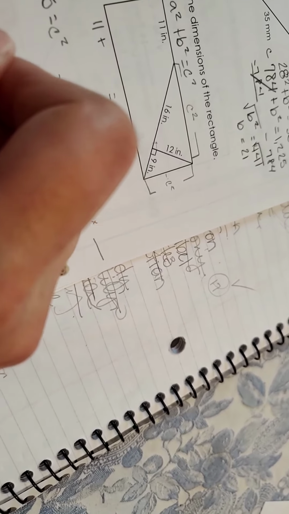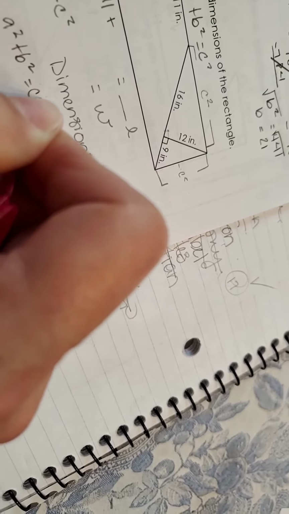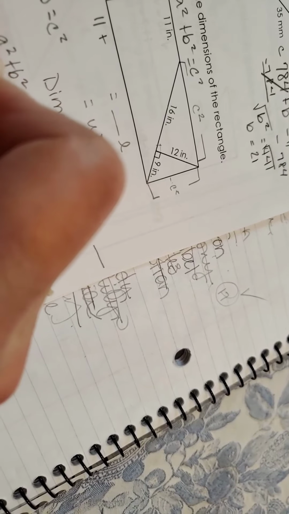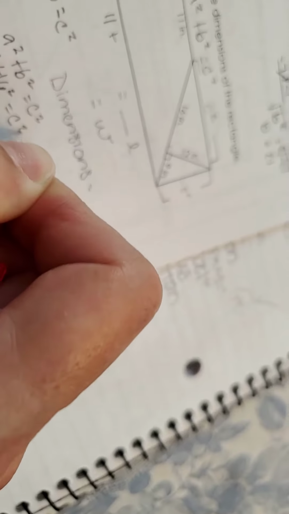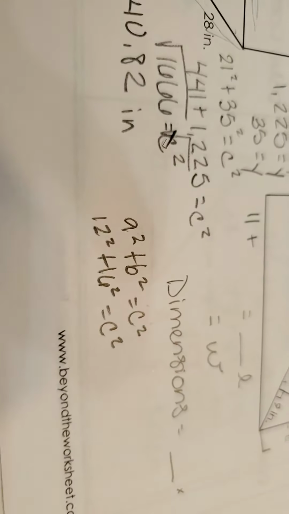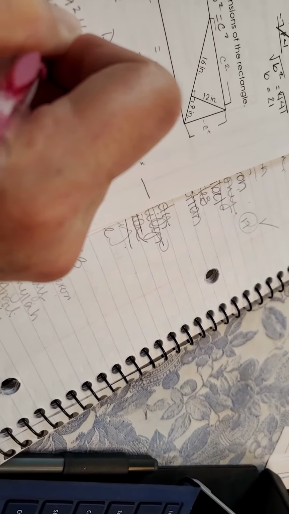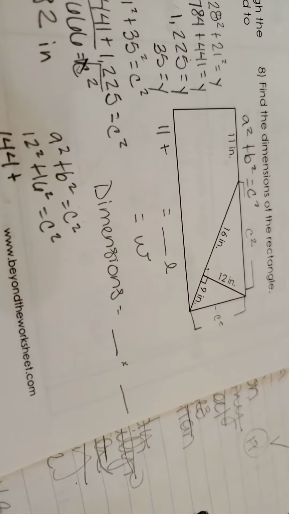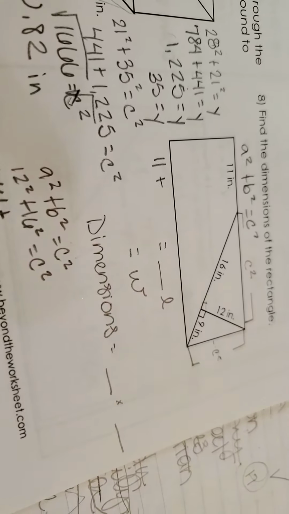We're going to say that A squared plus B squared equals C squared. We have 12 squared and 16. And that's what we're looking for there. So 12 squared is 144. I don't know what 16 squared is, so I'm going to look that up. 16 squared, 256.